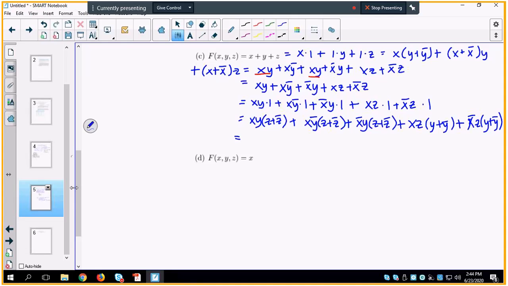So when I distribute, I'll get xyz plus xyz bar plus xy bar z plus xy bar z bar plus x bar y z plus x bar y z bar. Then here I have xzy, but I'm going to write it as xyz.